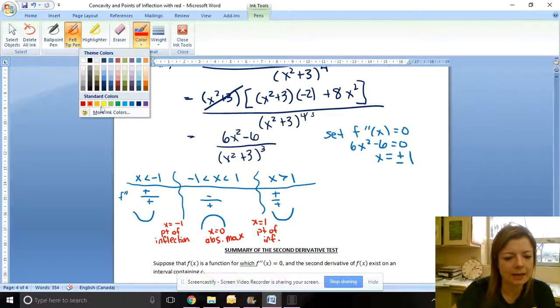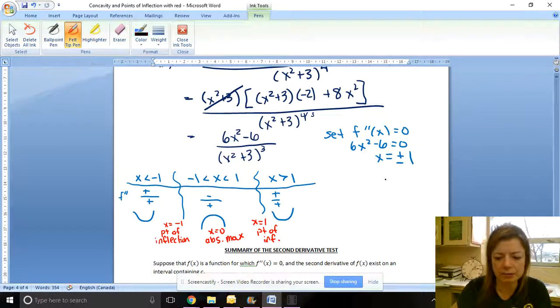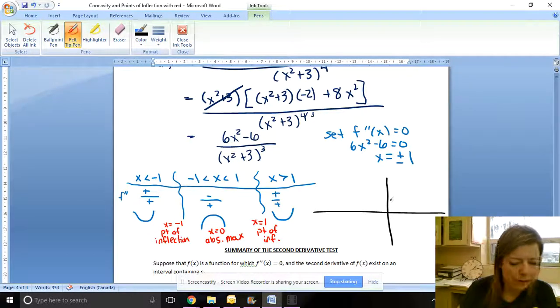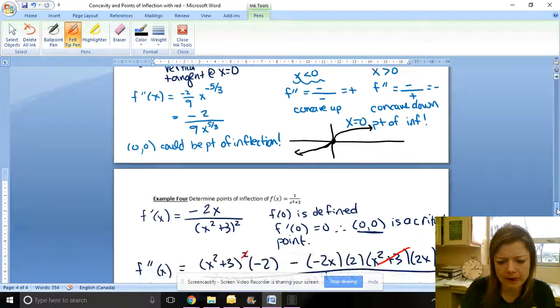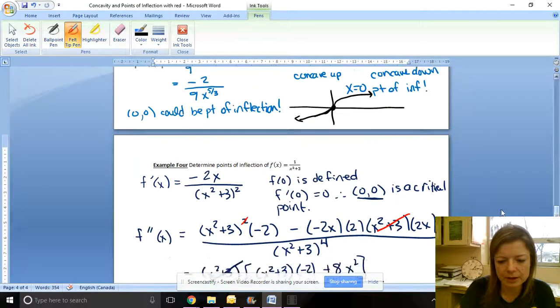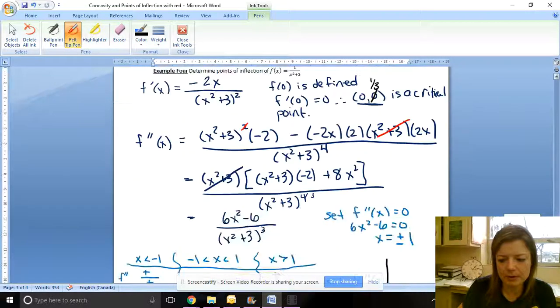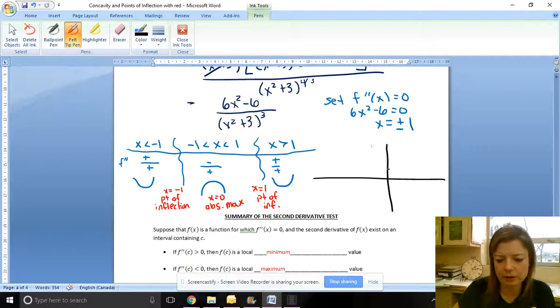So how can we take this information and turn it into a graph? Well, let's label the important points here. So we have the point 0, what was it? I said it was 0, 0. That was not right. That should be 0, a third, because when you put in 0 here, you get a third. So this is the point 0, a third.